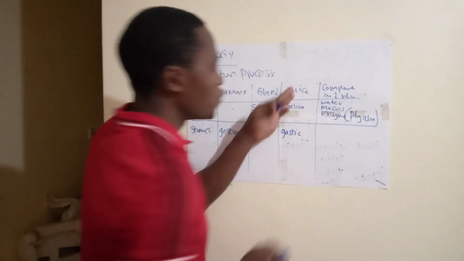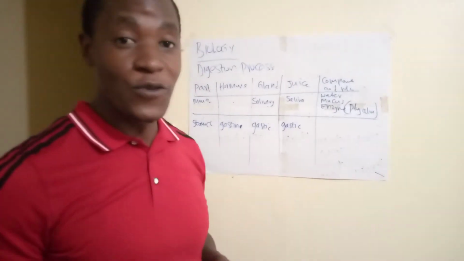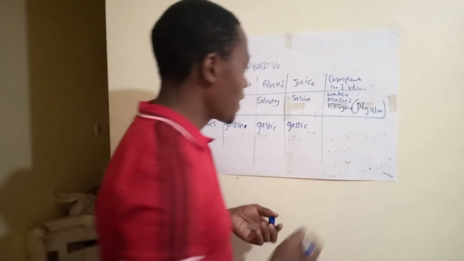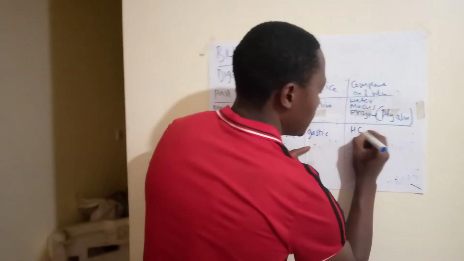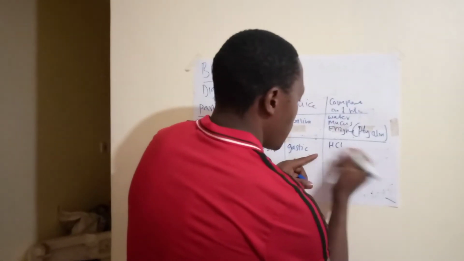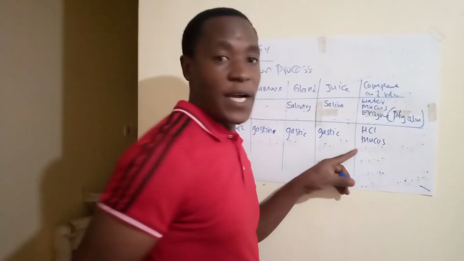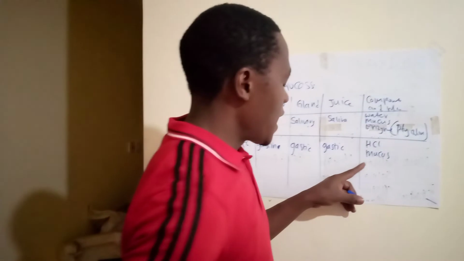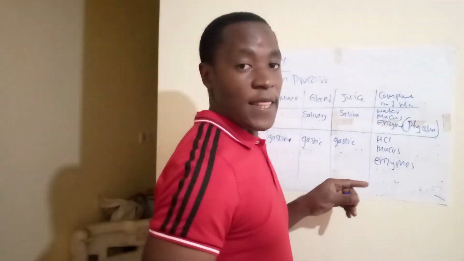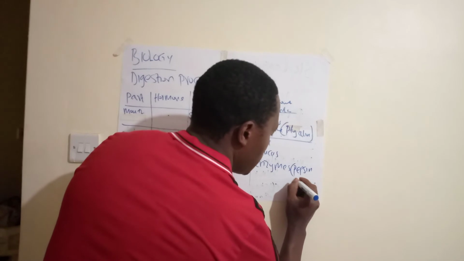So we need to understand the role of gastric juice. For us to understand the role of gastric juice, we need to lay down the components of gastric juice, and they include the following. Number one, we have HCl. Apart from HCl, we have mucus. Then we have enzymes. We call them enzymes because there are two enzymes: pepsin and renin.